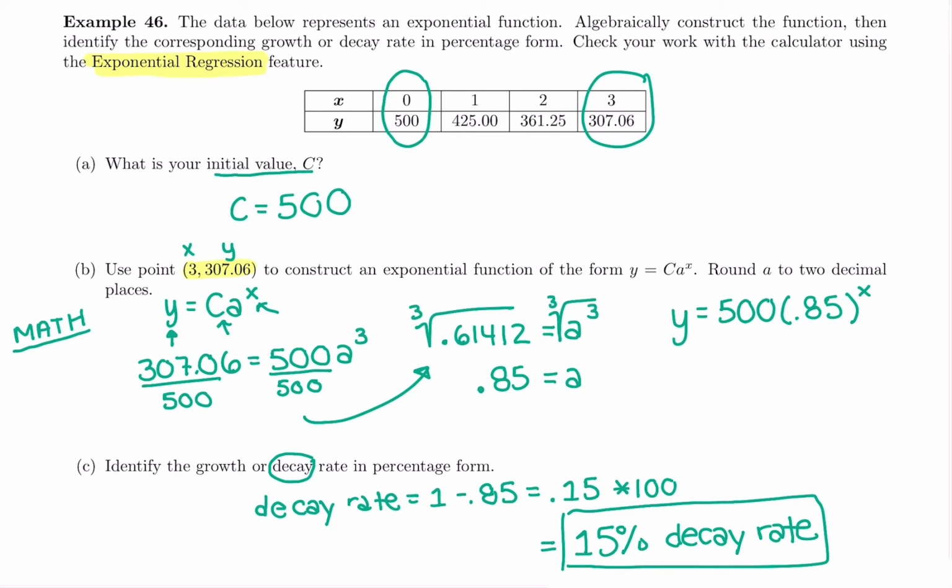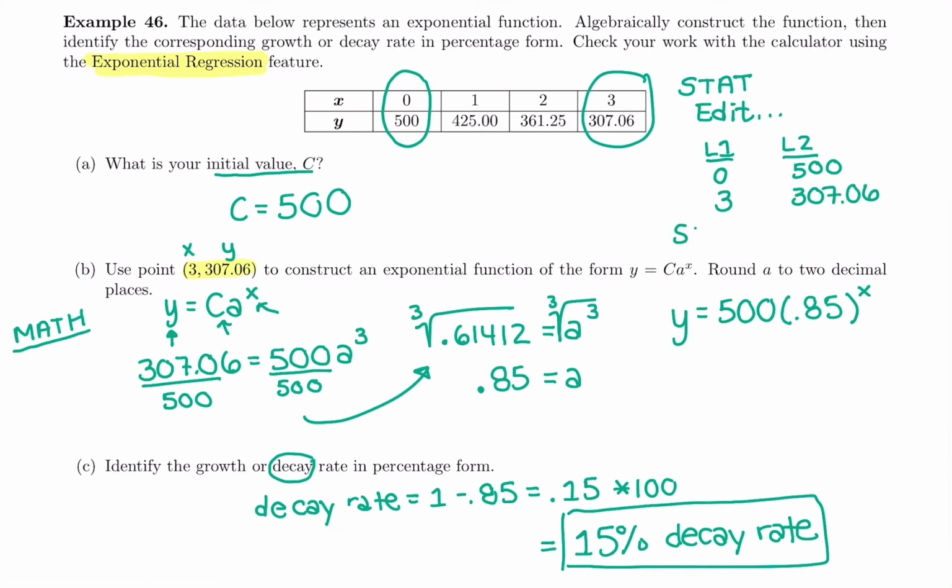I can also grab my calculator, and if I hit Stat and Edit, I can see what this equation would have been. By putting in for L1, I would do 0 and 3, just plugging in these 2 points that we made an equation for. And L2, I would put 500 and 307.06.